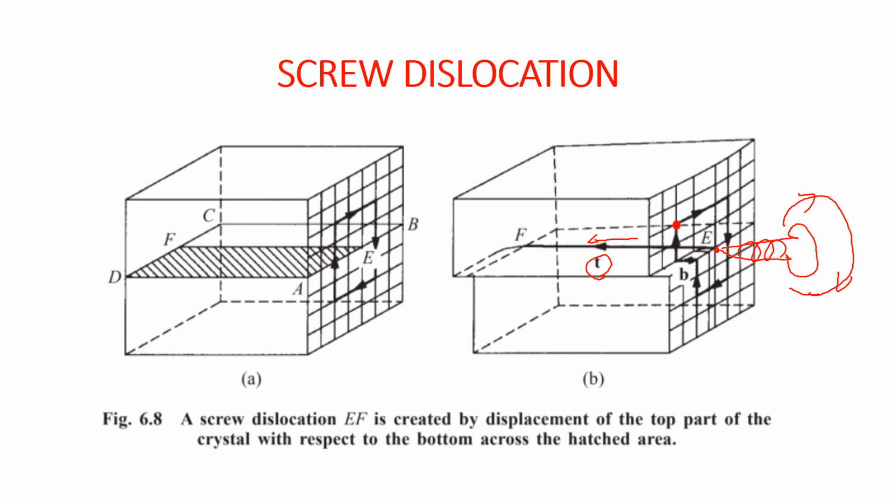So I'm starting the Burgers circuit from the point, let's call it point P here. Then go this way, this way, this way. It will reach here. So how much did we move?